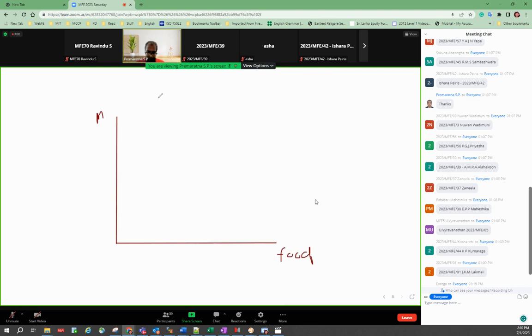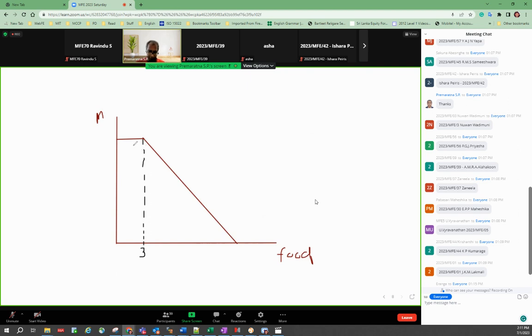Then the budget line becomes like this. Up to here, let's say rice, the government can bring in a policy like that: give per week, assuming that 3 kilos is enough, 3 kilos of rice free of charge. So the budget line looks like that.